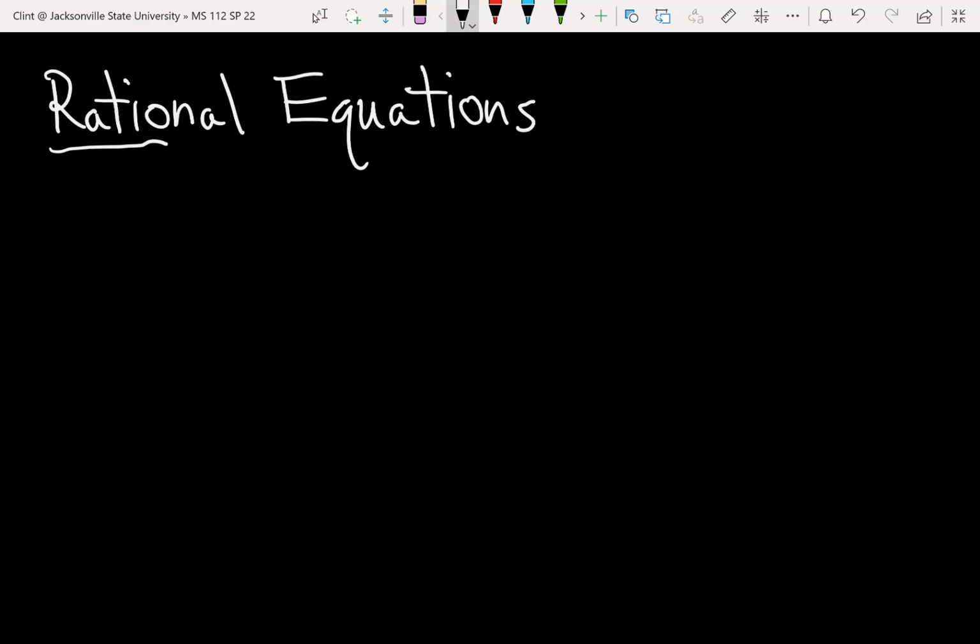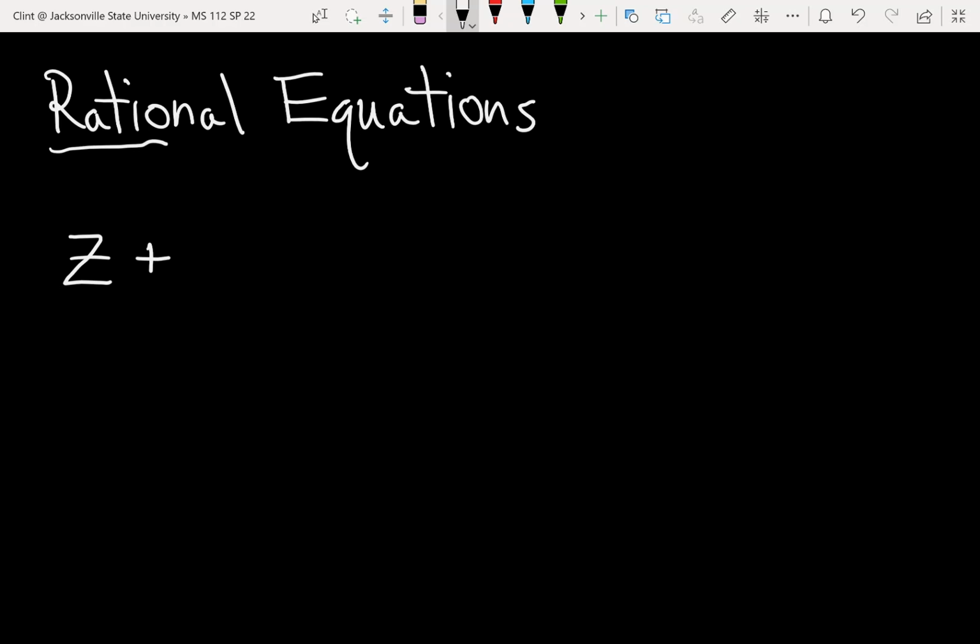Typically we don't call any equation that has a fraction involved a rational equation. Usually we reserve that for when we have a variable in a denominator, because if you only have variables in the numerators, then you can just rewrite it and you don't have fractions anymore.